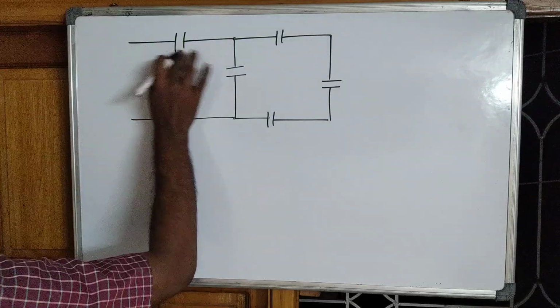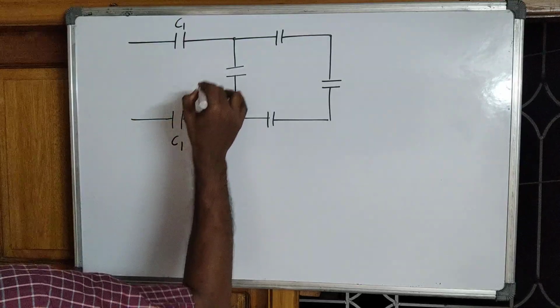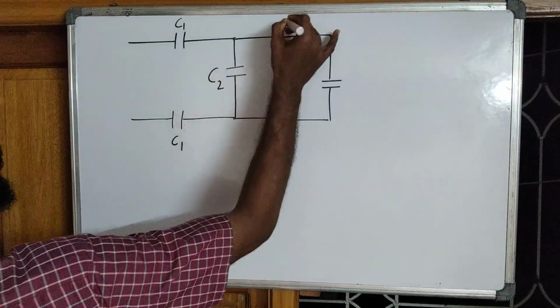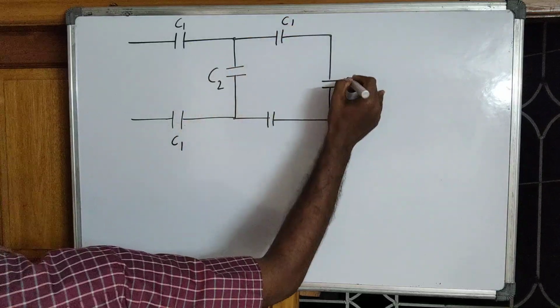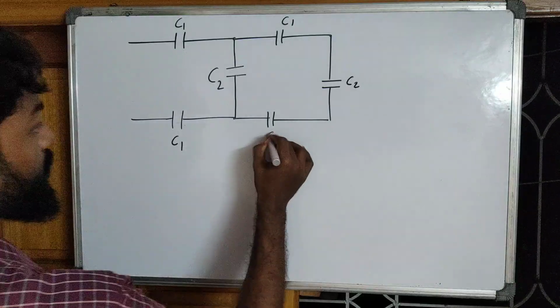This is C1, this is C1, this is C2, this is C1, this is C2, this is C1.